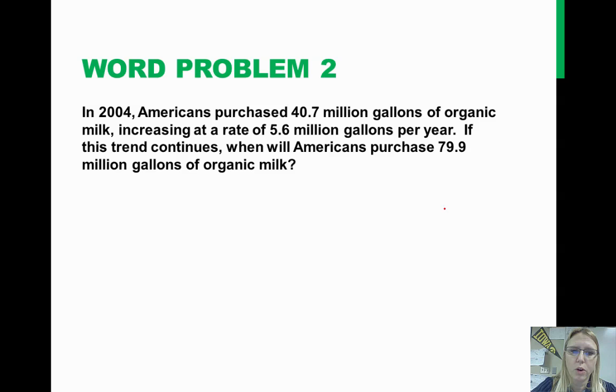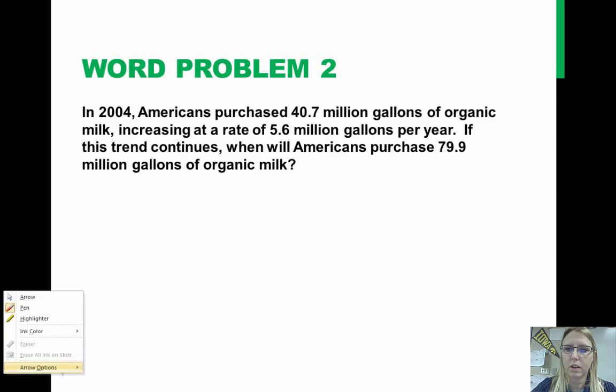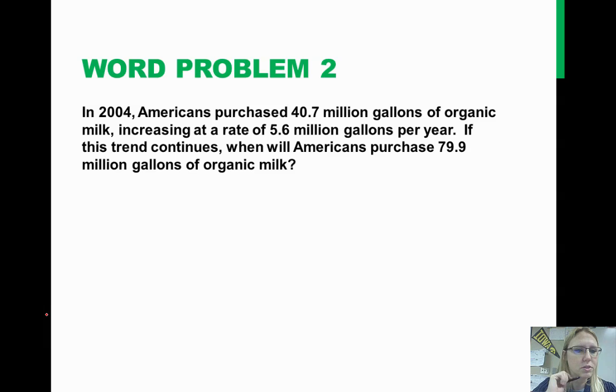In 2004, Americans purchased 40.7 million gallons of organic milk, increasing at a rate of 5.6 million gallons per year. If this trend continues, when will Americans purchase 79.9 million gallons of milk? So what we need to do, first of all, is write down some important information.